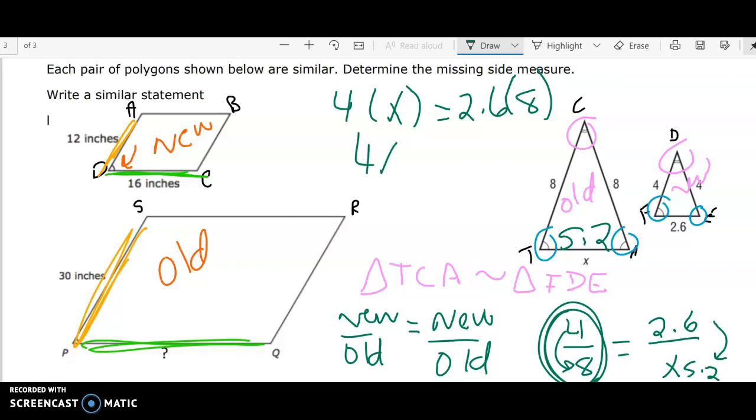You get 4x equals 20.8, divide, and you still get 5.2. So either way, and that is how you are going to do similar problems. Make sure you pay attention to the similar statement.